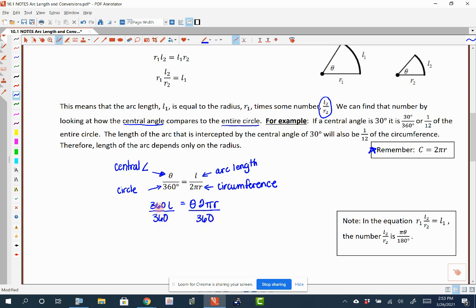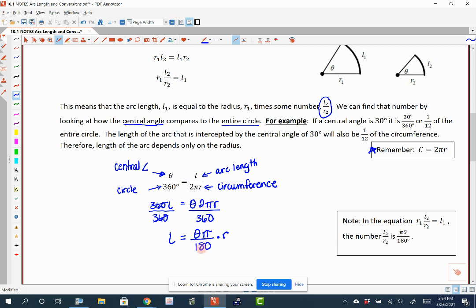We're trying to isolate our L. So if we want to find the length of an arc, we have theta times 2 times pi times r divided by 360. So I'm going to go ahead and think about simplifying this because 2 and 360 can simplify. And that's going to leave us with just our theta and our pi in the numerator over 180. And I'm going to write that radius out front.